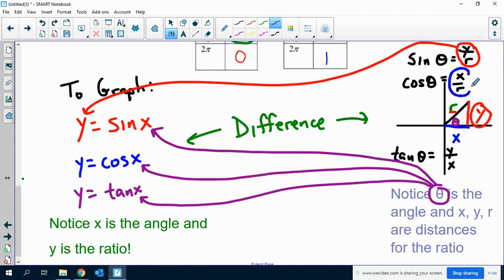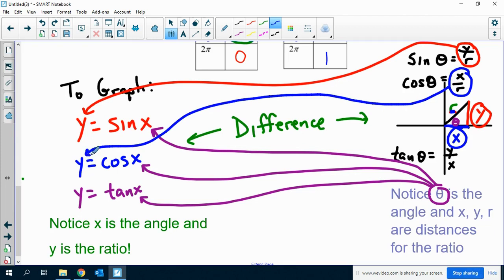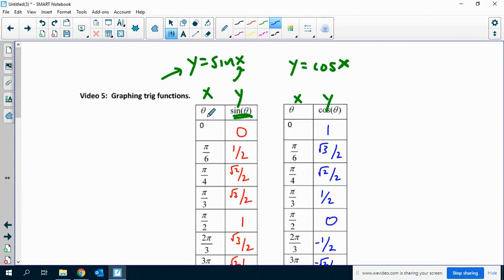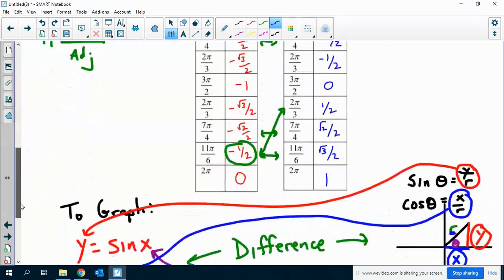X over r, whatever x divided by r is, is now going to represent my new y value on the graph. So it's one more way of making sure that we understand that theta and sine of theta, like the y value on the unit circle, does not represent the y value over here, on any circle in particular.